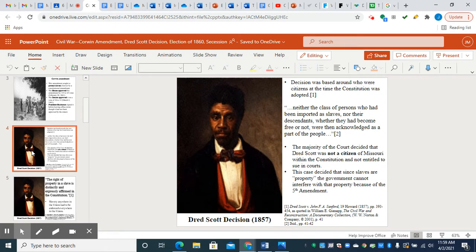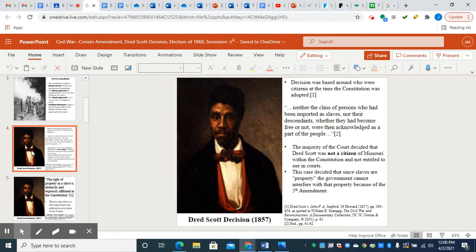But with slavery, it's a lot more complicated, because in free states, slavery is illegal. In slave states, it's legal. So if a slaveholder crosses into a free state with their slave, does that slave still belong to them as their property?